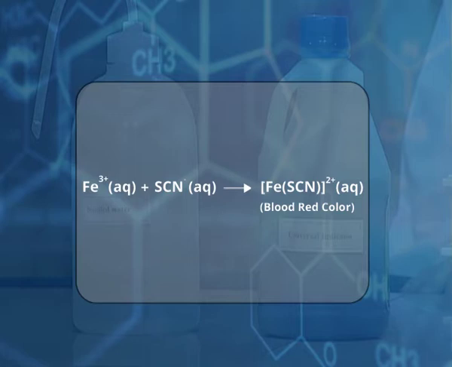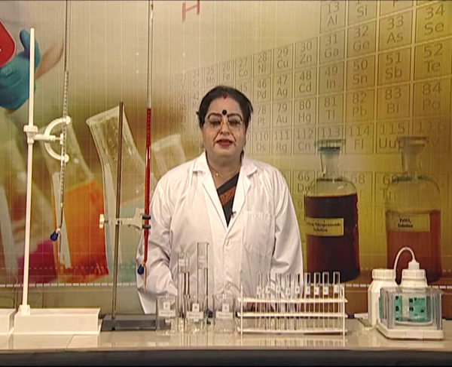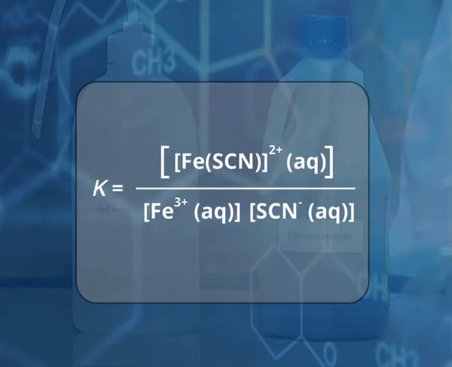While we perform this experiment you will see that we will be getting a very colored product in this case, and K equilibrium for this reaction can be written as the concentration of FeSCN2+ divided by the concentration of Fe3+ into the concentration of SCN- in aqueous medium.